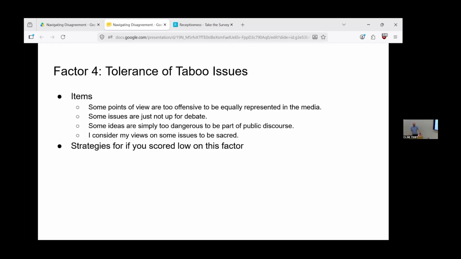But this is intended to get at your general disposition. And so if you're considering a huge range of situations, it sounds like maybe you are actually pretty receptive if you're narrowing down the set of truly taboo issues to a narrow subset.